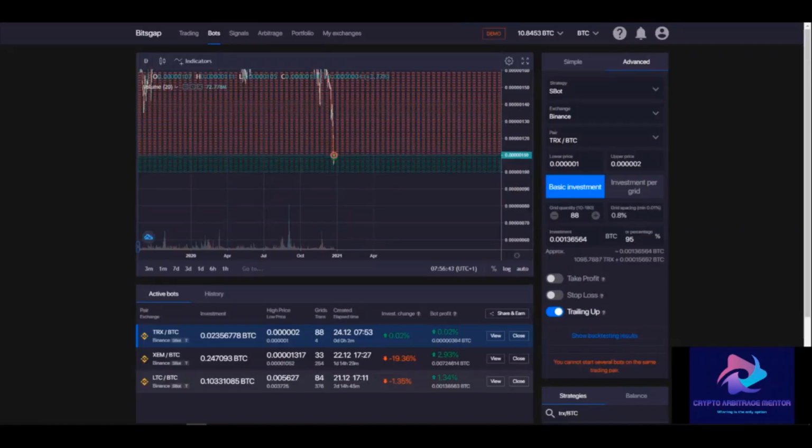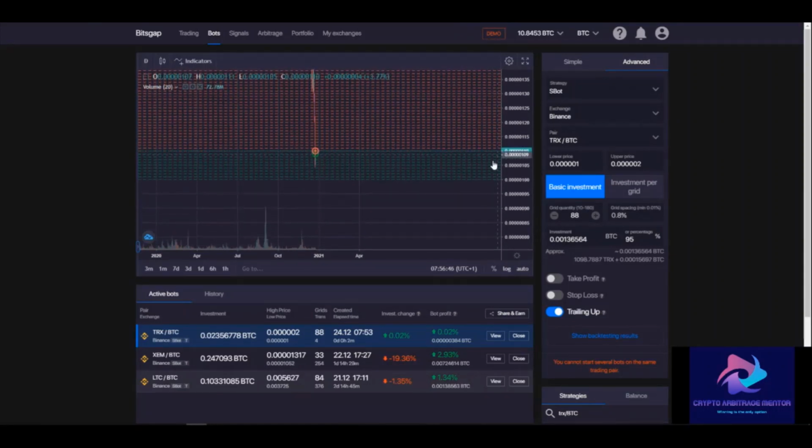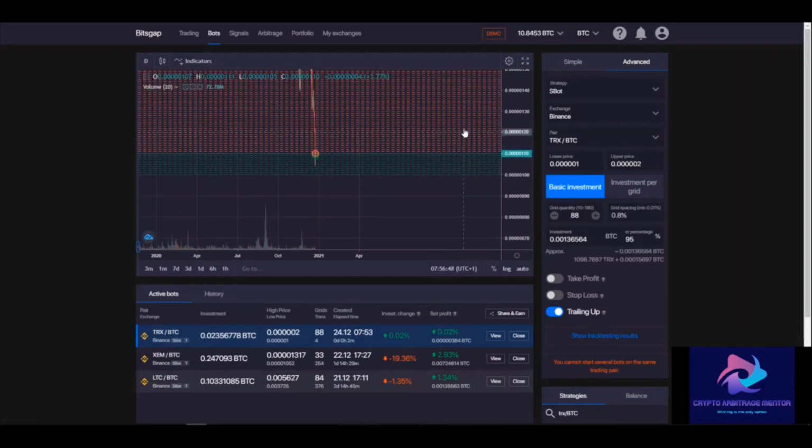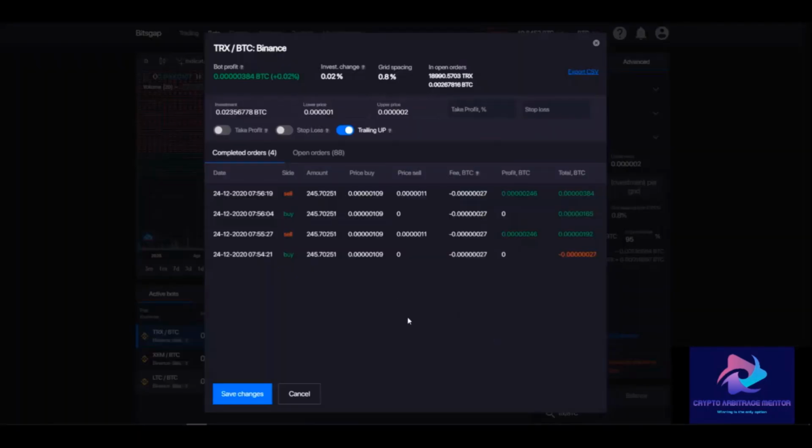So we jump here again, and these are our buy orders in green, and all our sell orders at the predefined prices. We can see here again, look, the TRX is moving, selling and buying the orders.